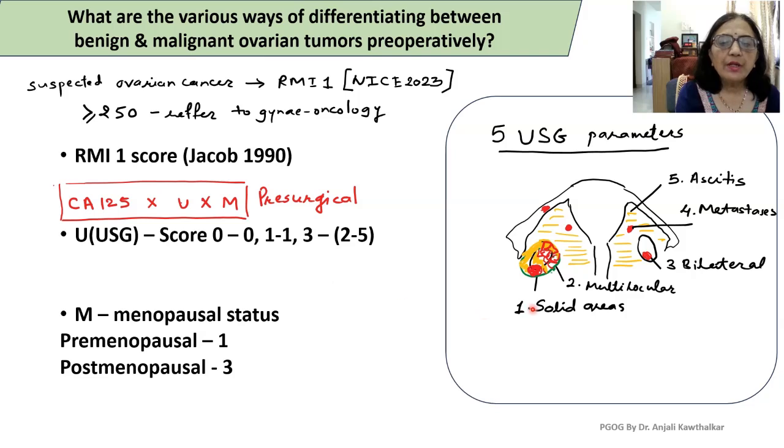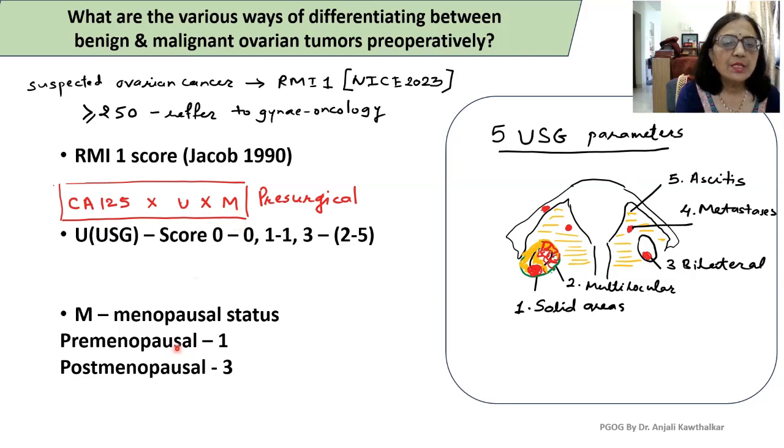If only one parameter is there, that is, if you get an ovarian cyst which is multiloculated, then a U score of 1 is given. And if 2 or more parameters are present, for example, presence of a solid area as well as ascites, then a score of 3 is given. That is how the scoring is done for the U or ultrasonography score.